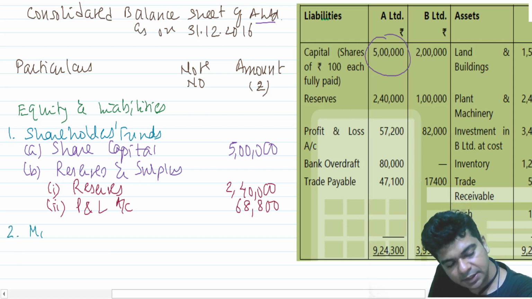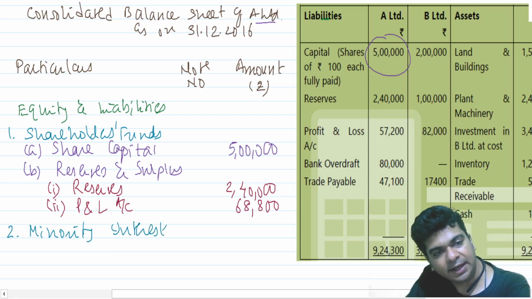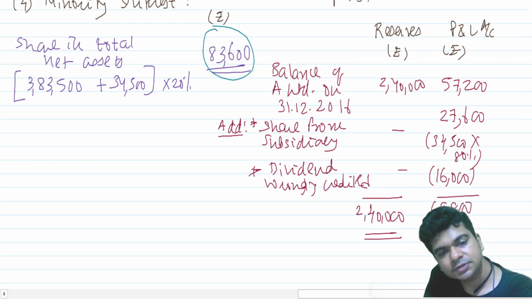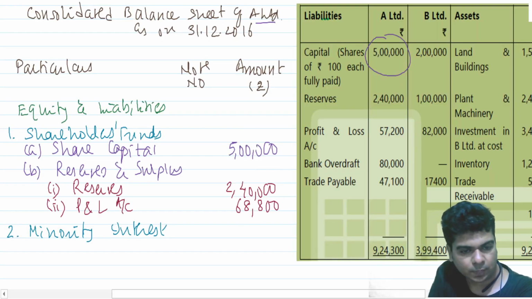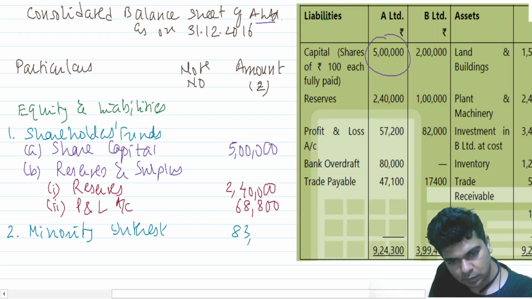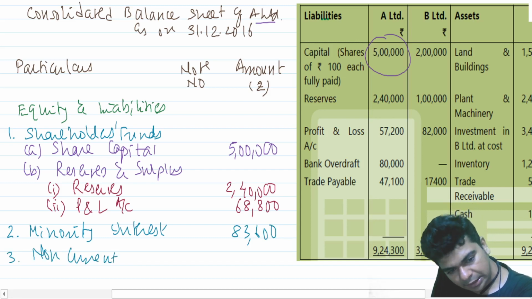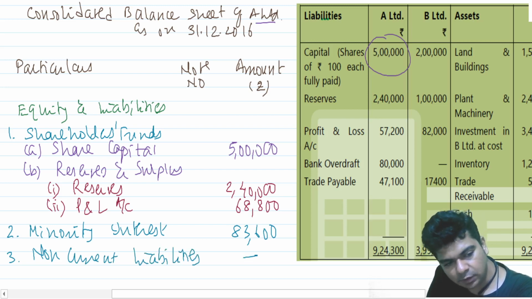The second head is minority interest. From the working again, minority interest. Here it is, 83,600. My third head, non-current liabilities, not given.